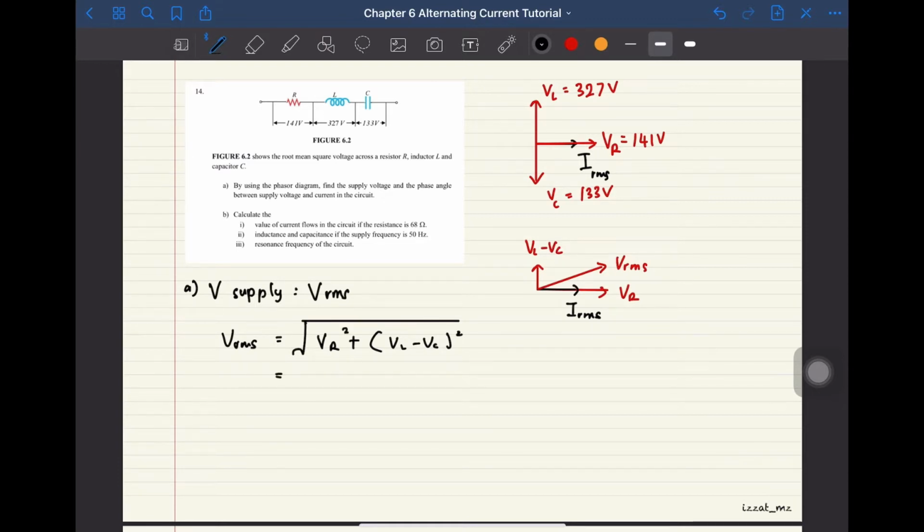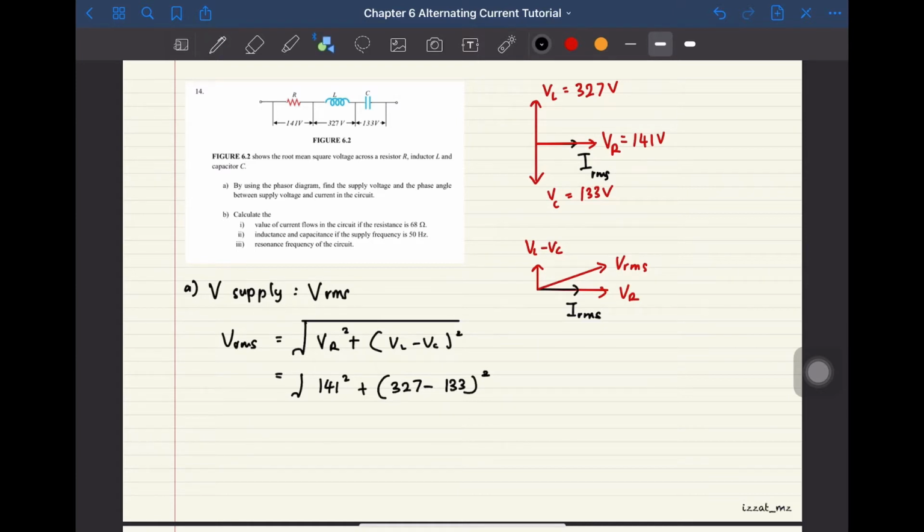So this one would be 141 squared plus 327 minus 133. Sometimes they might give you in terms of resistance, reactance, capacitance and reactive inductance, but the concept is still the same.